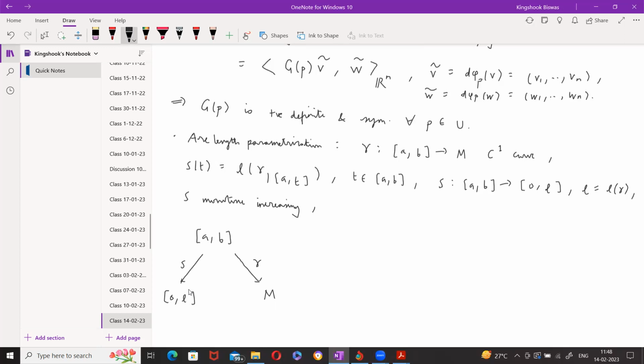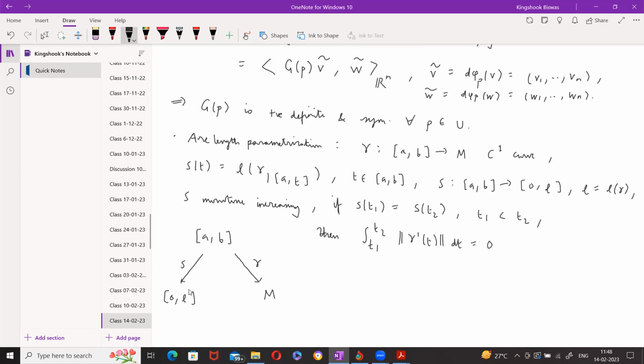So if S of T1 is equal to S of T2, where T1 is less than T2, then what does that mean? That means that the integral from T1 to T2 of norm gamma prime T dt is 0, right?